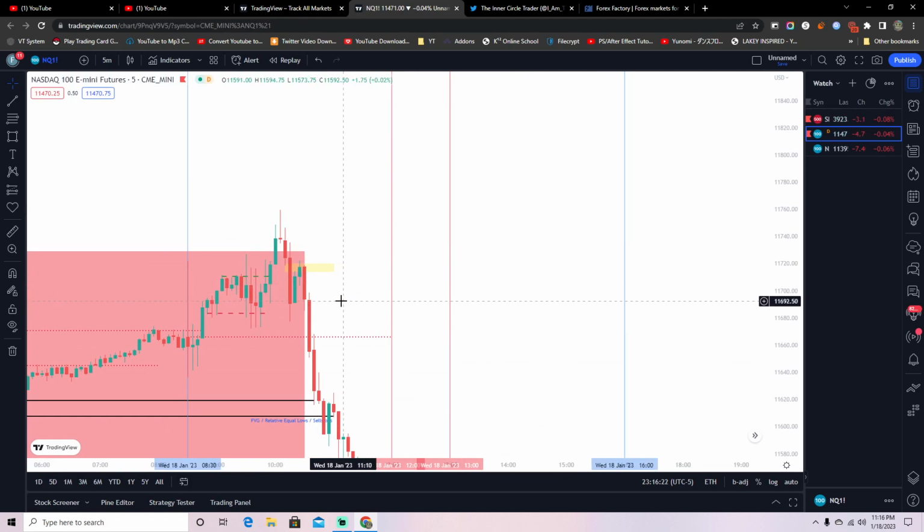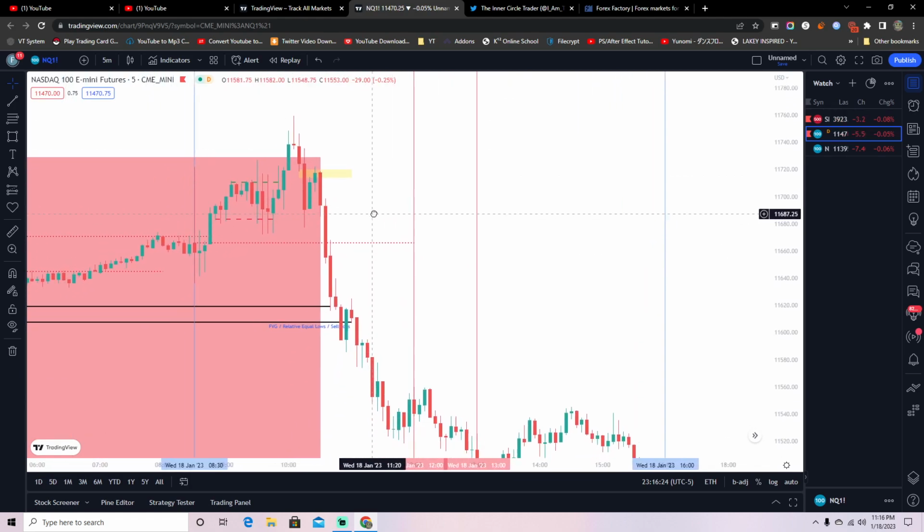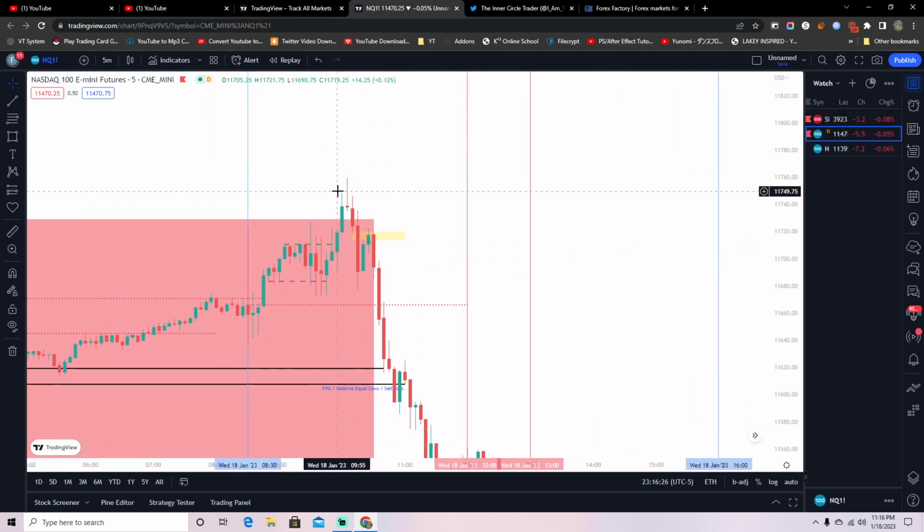Price failed to trade past that high, okay? So here we have this low. I'll mark this right here. Okay, so we have this order block, changing the state of delivery, and I just marked the bottom of the up close candle.